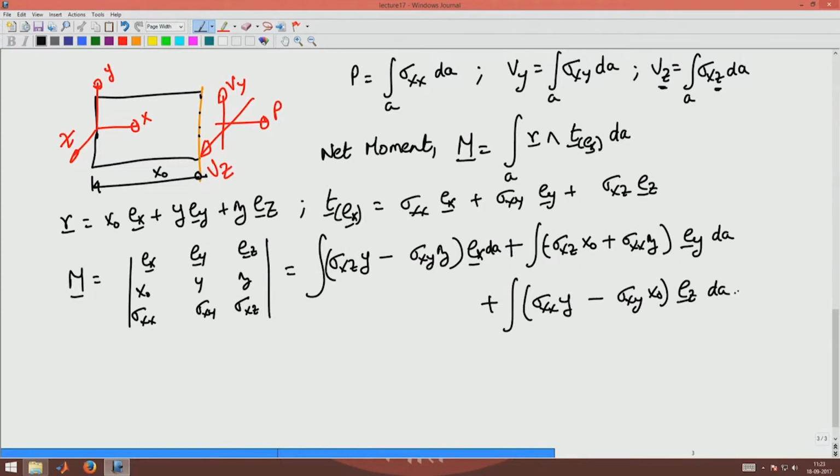Now I will rewrite this as the torsional moment T times Ex. This is a moment acting along the axis of the member, that is along the Ex direction, plus my moment minus Vz into x naught.